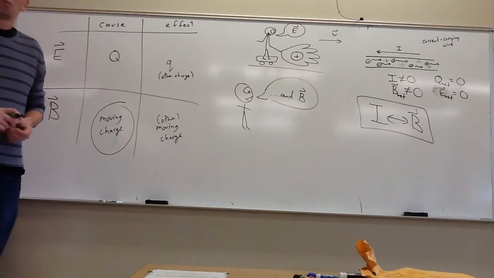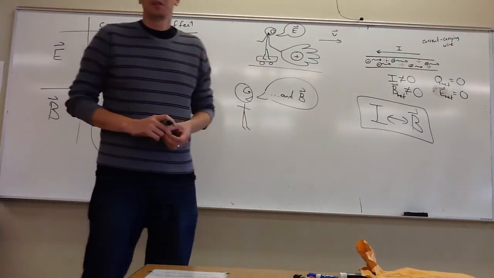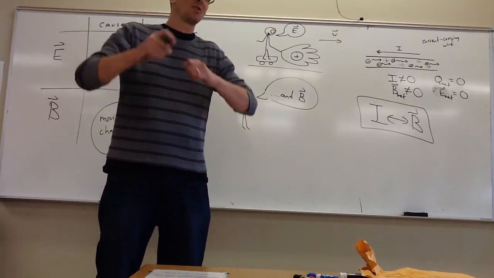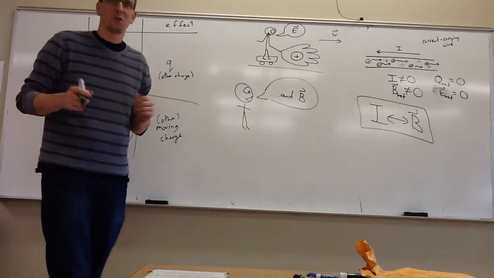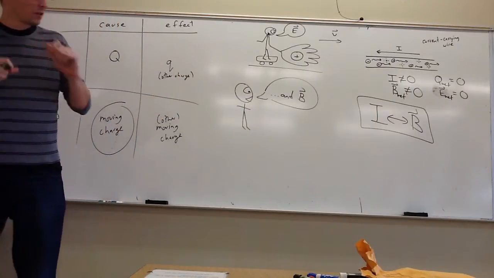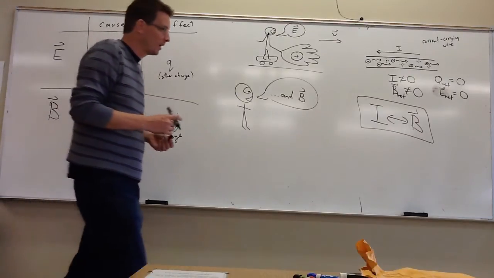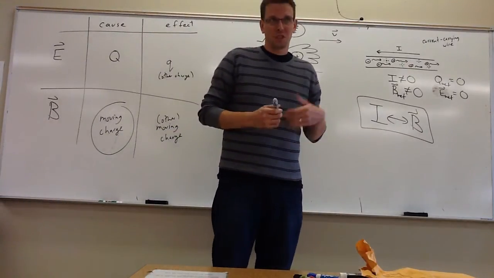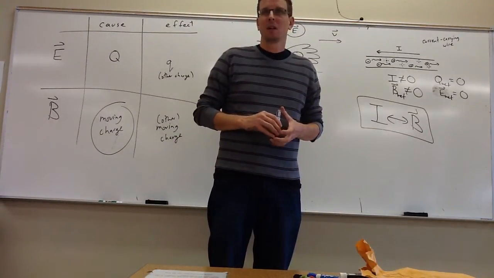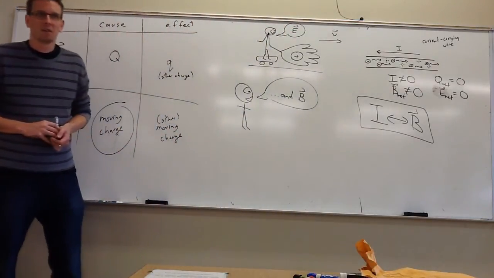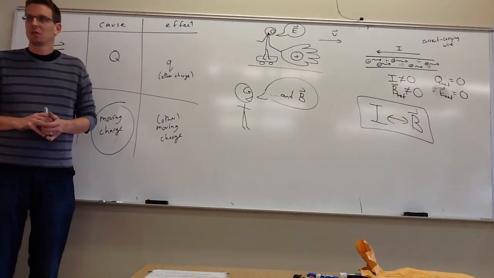Okay? And what we're going to spend the rest of today doing is looking at current in various configurations. We can shape wires in various ways, send current through it, and those various current configurations will cause certain magnetic fields, and we'll take a look at what the specifics are. Okay. Are there any questions on this before I get to it?